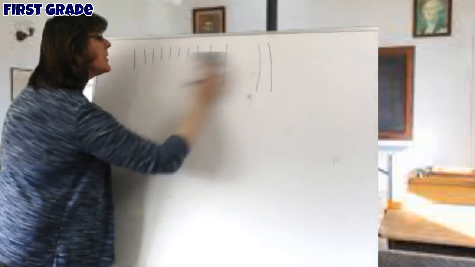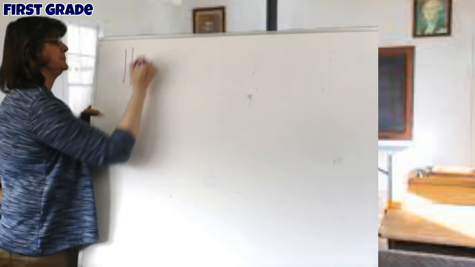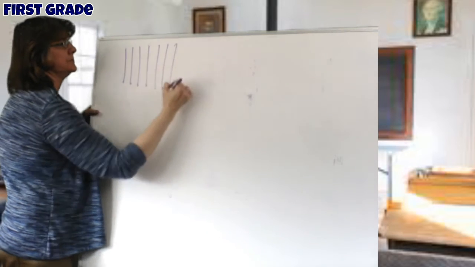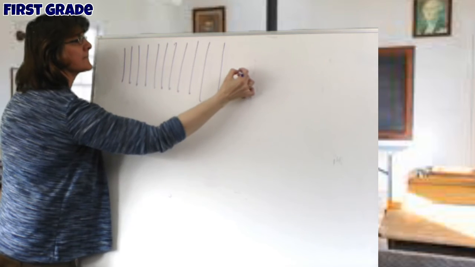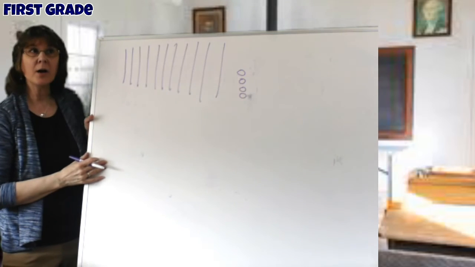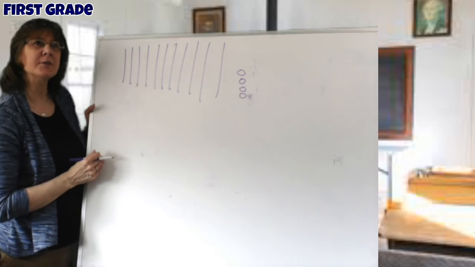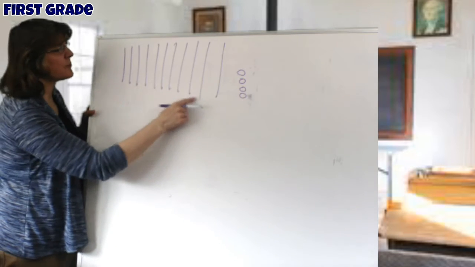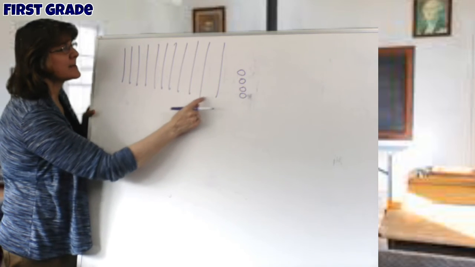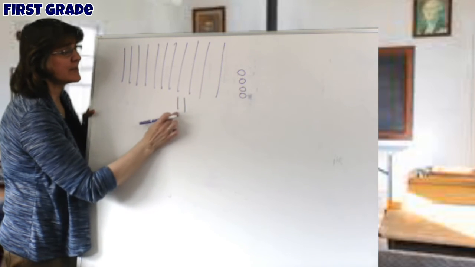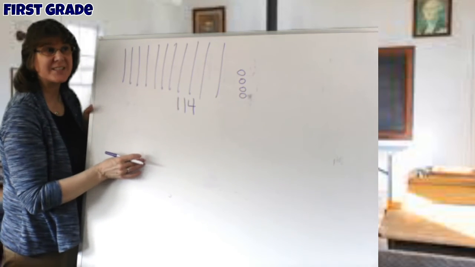Now they might give you a problem that looks like this. And they say we need to make that number be 117. So let's see what we have so far. 1, 2, 3, 4, 5, 6, 7, 8, 9, 10, 11 sticks or 11 tens, 4 ones, 114, and I have to get to 117.